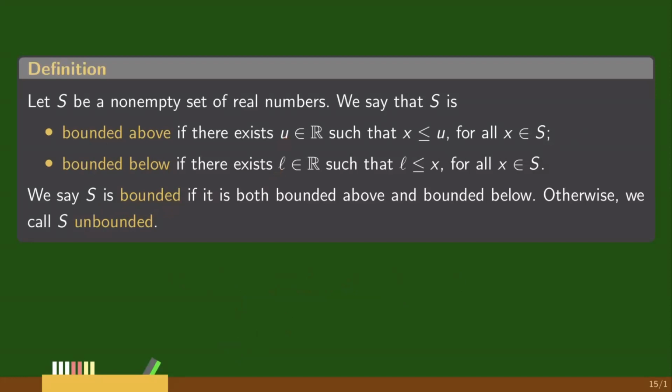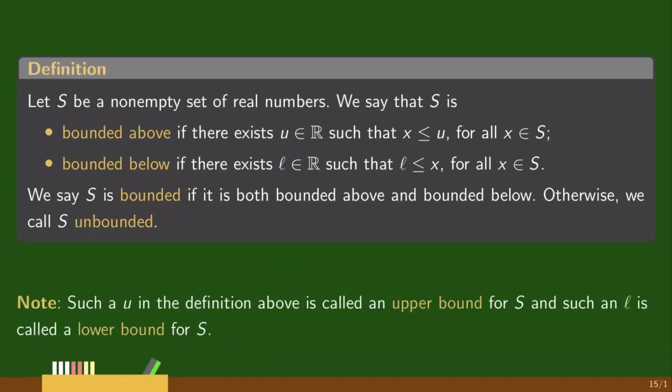By the way, I did not include in this definition, but the number U that we are talking about, whatever U you found, that dominates every element of S, is what we call an upper bound for S. On the other hand, if there is a number L that is dominated by every element of S, we call that a lower bound for S.